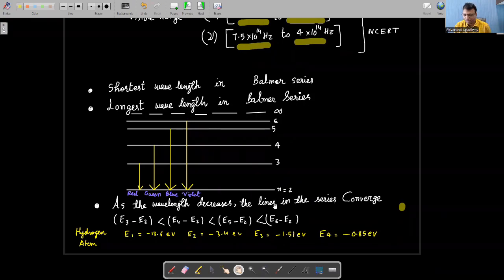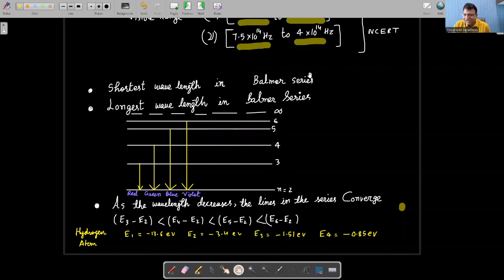When we move from a higher energy level to the second orbit, and increase the value of n, say the electron moves from sixth orbit to second orbit, then from 7 to second orbit, or 8 to second orbit.